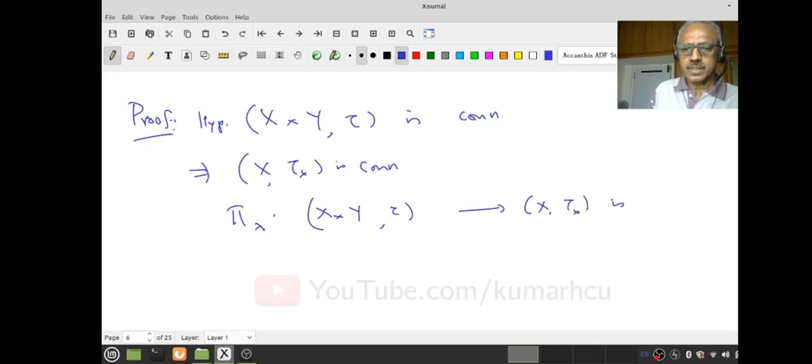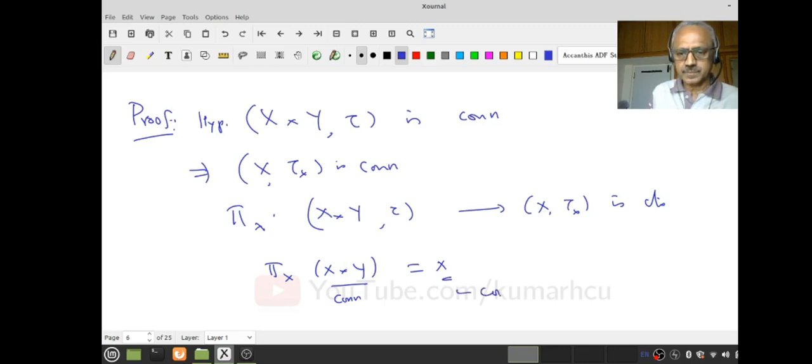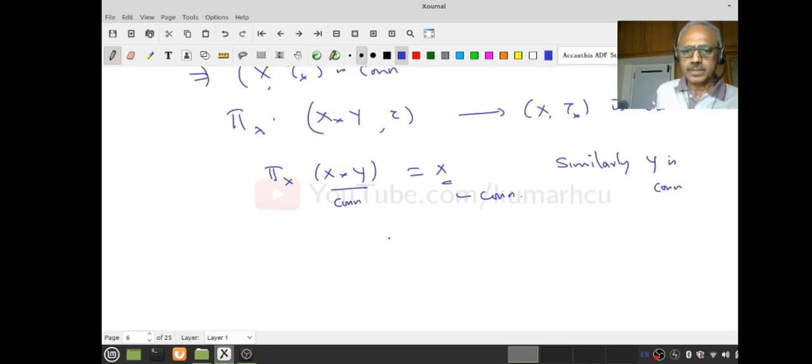This is continuous, right? Now what is the image pi x of x cross y? That is x. And if this is connected, then we have seen the continuous image of a connected space is connected, therefore this is connected. Do you follow that? And similarly y is connected. Okay, pause, review, proceed.